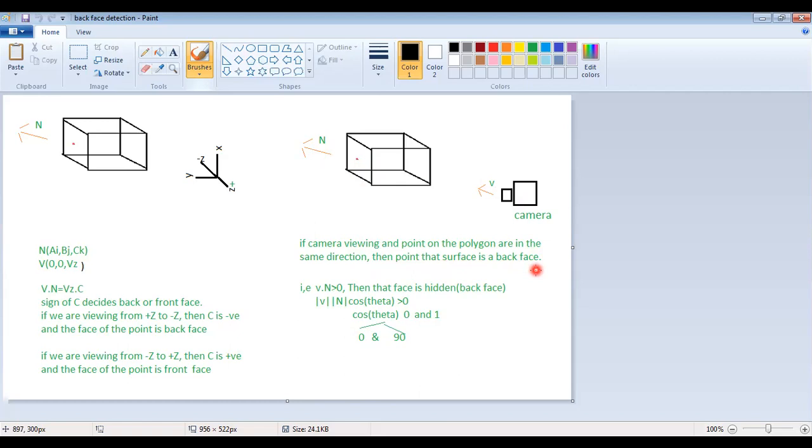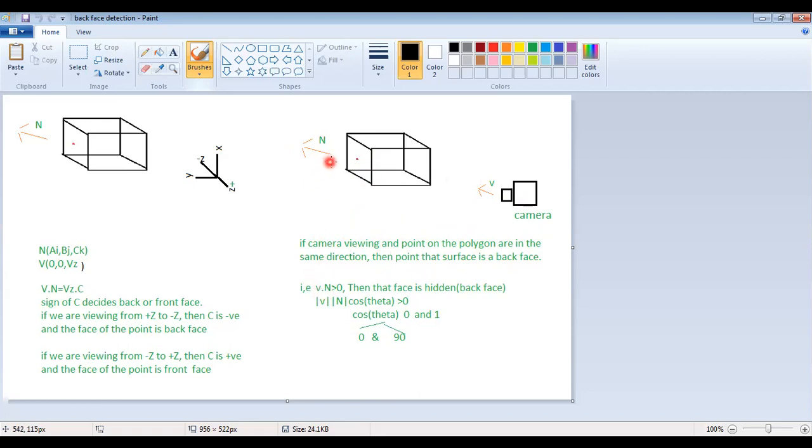So this is theoretical information. Let us prove that mathematically. What do I mean when I say both V and N are in the same direction? Mathematically, it means the dot product of the viewing vector and the normal vector.